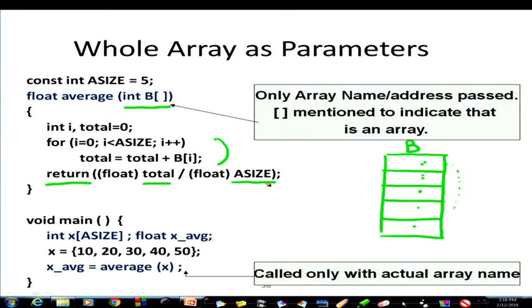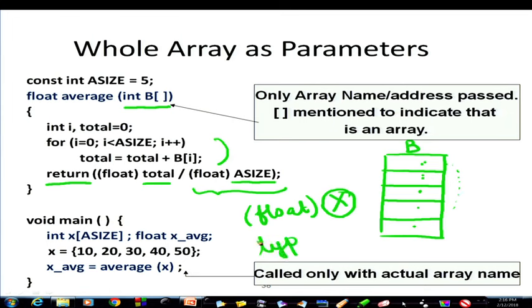Now, average will be a floating point number, and B is an integer array. So, what has been done here is float(a size). When we do float of some variable x, that means this variable is being typecasted, is being made to be represented as a float.